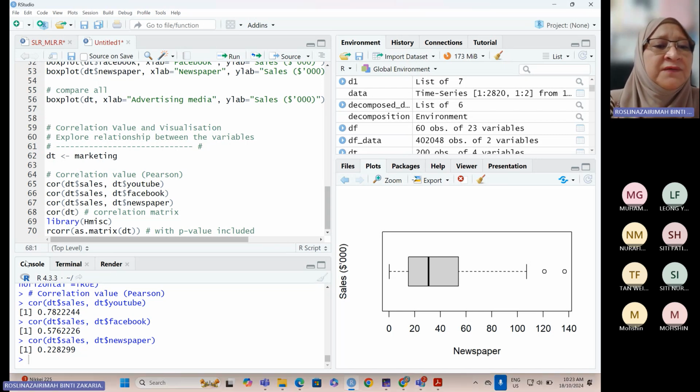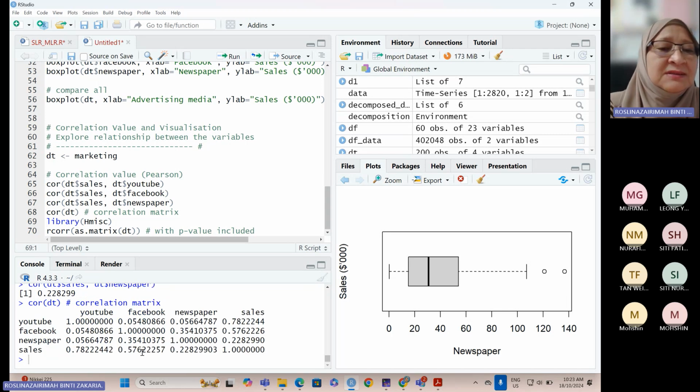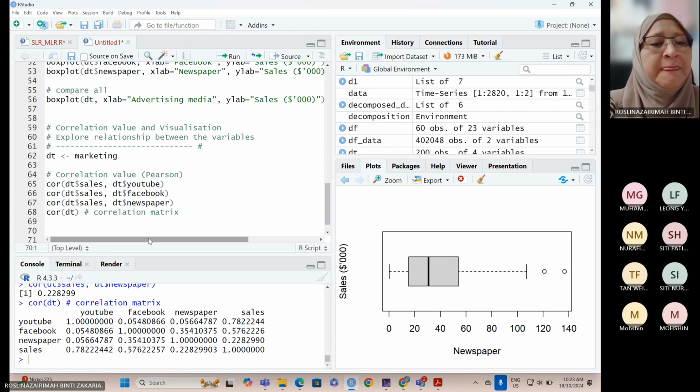And instead of finding the correlation for each pair at a time, you can write cor(dt), so it gives you a matrix, a correlation matrix. If you want to round off to some decimal places, you write round.